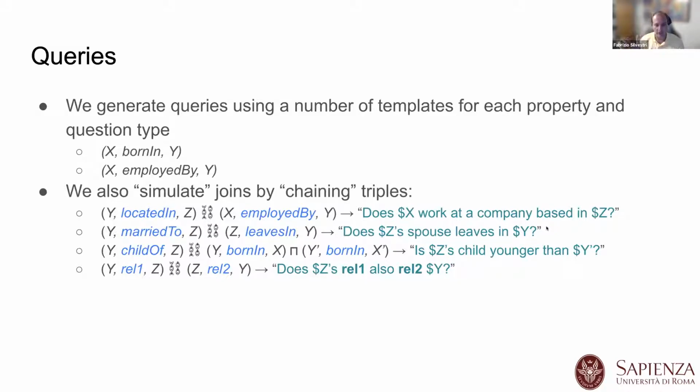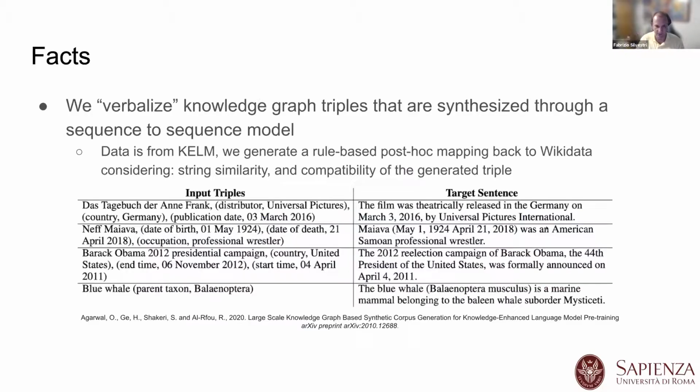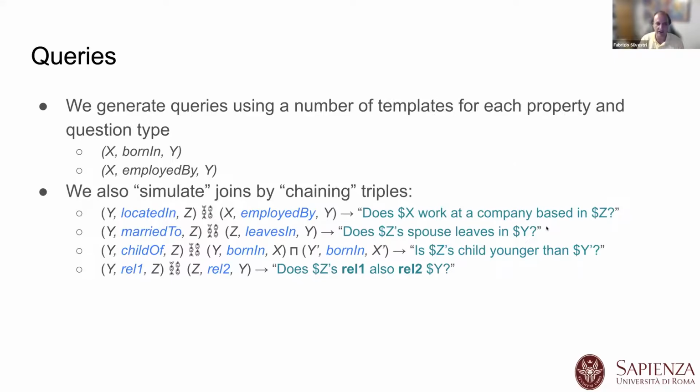All right, so we saw how to generate the facts. How do we generate queries? Well, again, we started from some templates. In this case, we are somewhat biasing our queries towards 7 large categories.